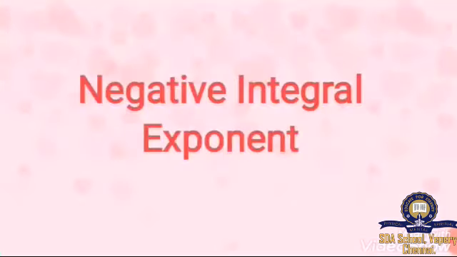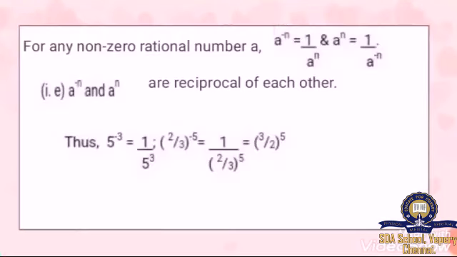Next we move on to the next topic, negative integral exponents. For any non-zero rational number a, a raised to the power minus n is equal to 1 by a raised to the power n.